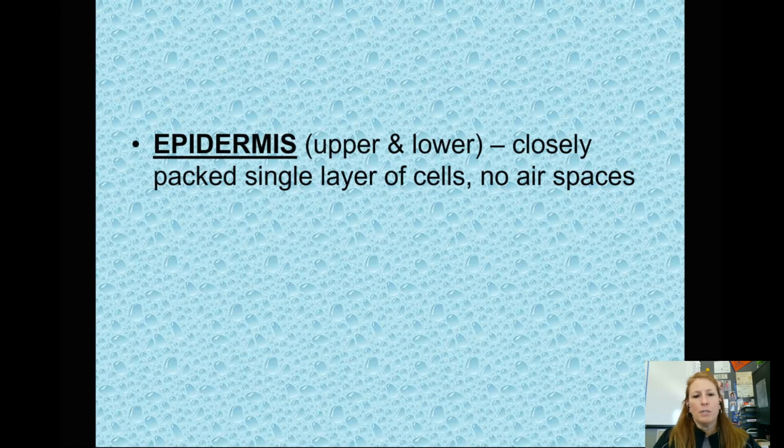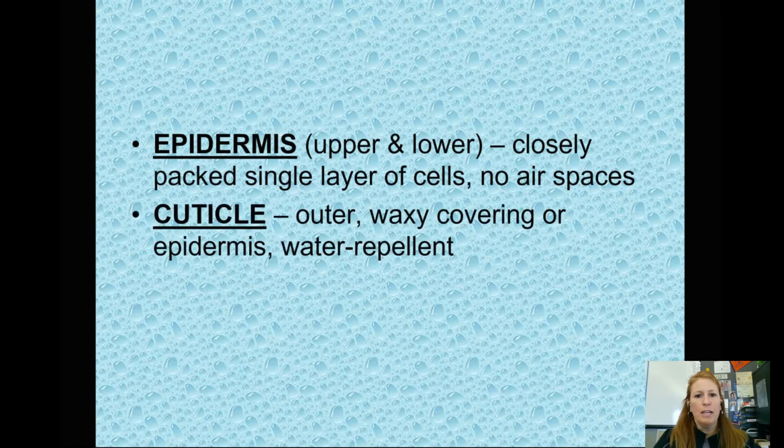So moving on, we talked about the mesophyll, which is the meat of the sandwich. So let's go back to the bread part. You also have something called the cuticle. The epidermis is just like our skin. It's our covering. They're flat cells that go together and interlock. There are no air spaces, and we're going to talk about how the gases are getting in and out if the epidermis has no air spaces.